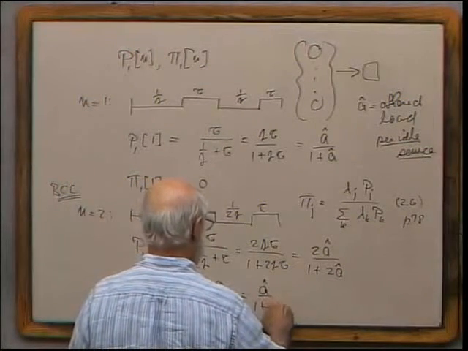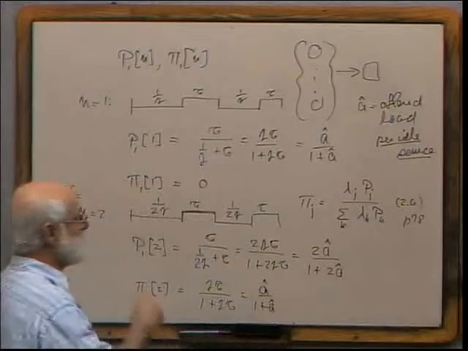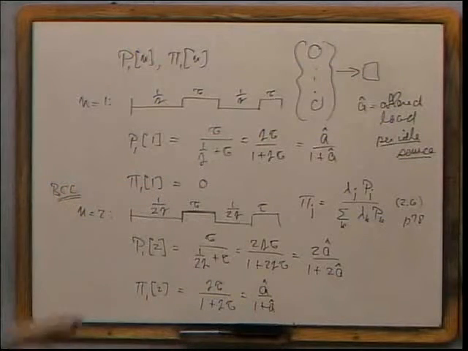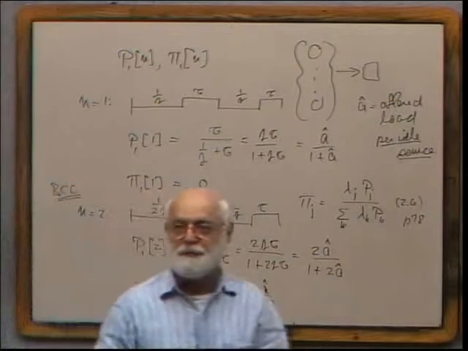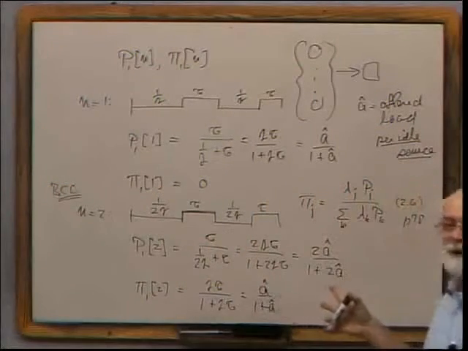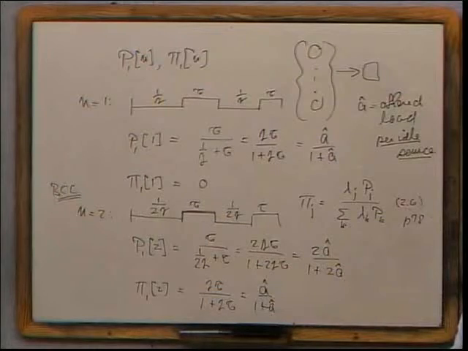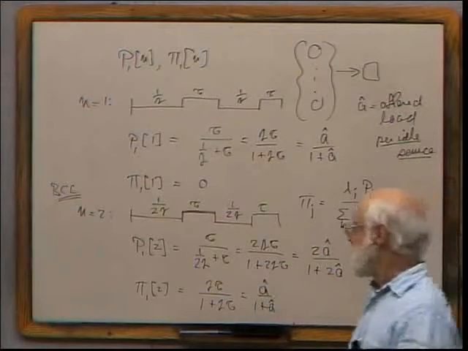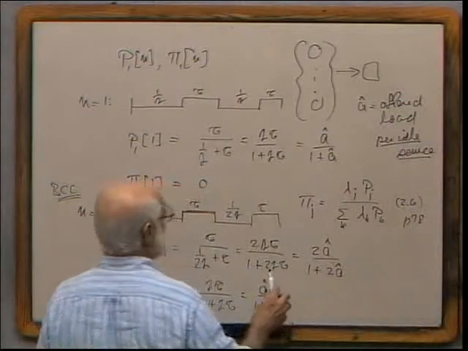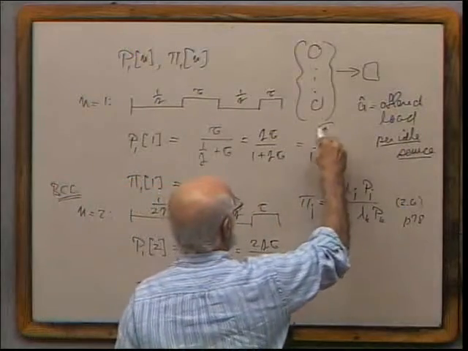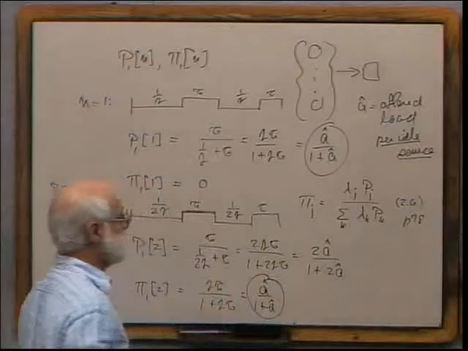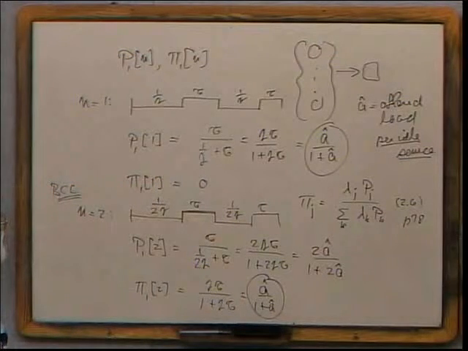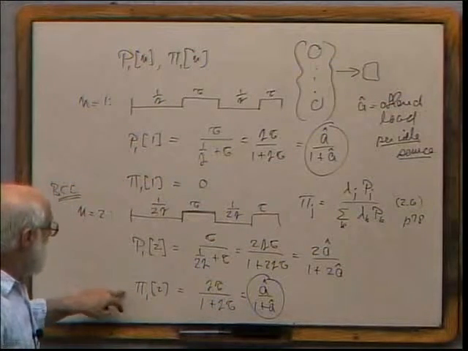Okay, so now the question is, does anybody notice anything here? Is there anything worth remarking about what I just found? Well, it looks to me like those two are the same thing. In other words, pi 1 of 2 is equal to p1 of 1.